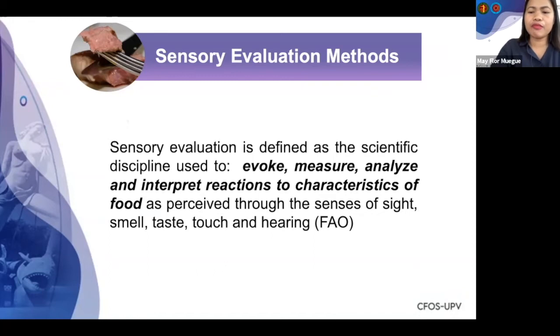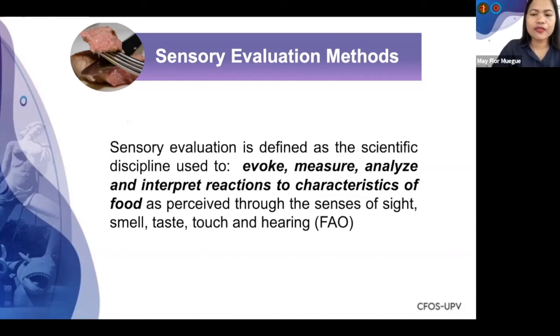Instruments are capable of measuring parameters included in the sensory profile, and examples of those are the Instron and the rheometer for measuring texture and other rheological properties, lalo na yung mga surimi natin. Microscopic methods combined with image analysis are also used to assess structural changes.